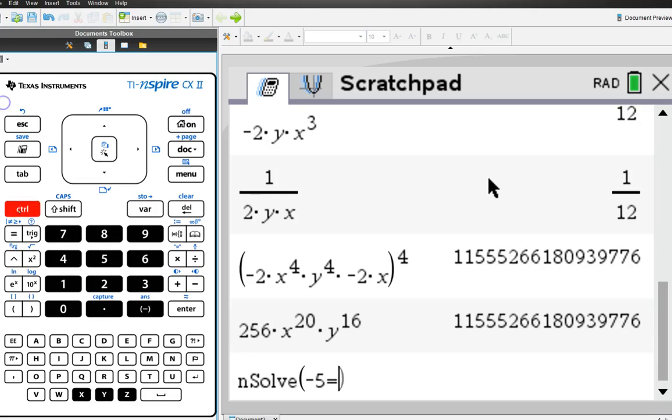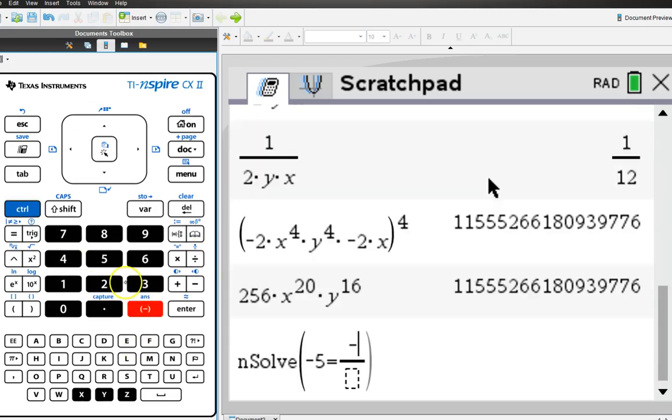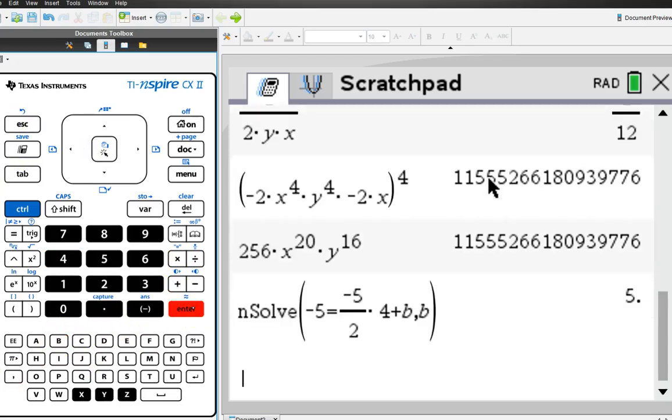So I need a control divide. Negative 5 over 2. Hit the arrow button out. Times my x, which is 4, and then plus b, comma b. Hit enter, and I get 5.